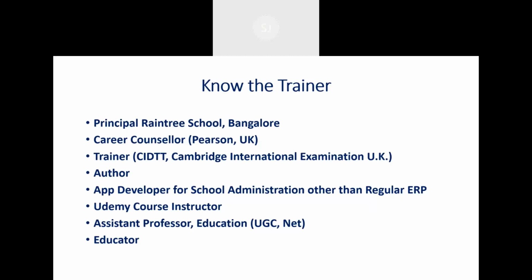I run 2 courses on Udemy. I'm a qualified assistant professor. And above all, I present myself to you all as educator. The meaning of educator is one who takes care of students, not only learning, but all round development of the child. So that is why I have addressed all of you as educators.